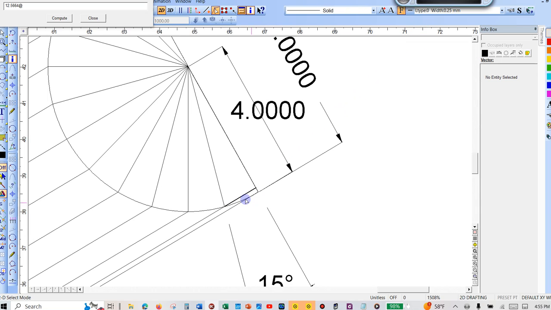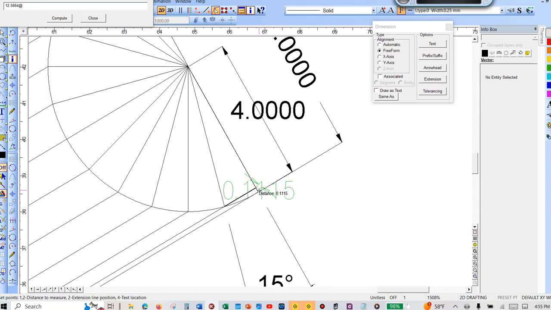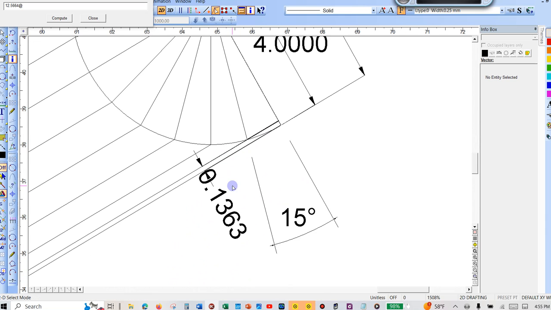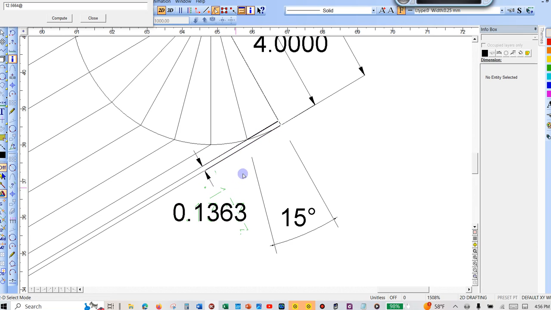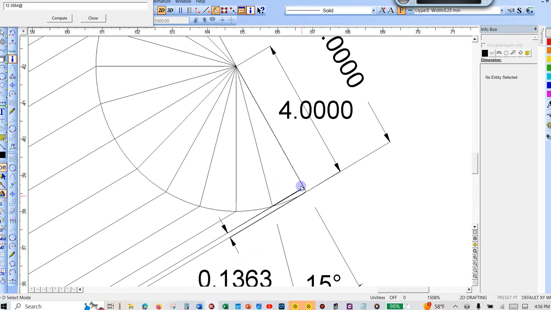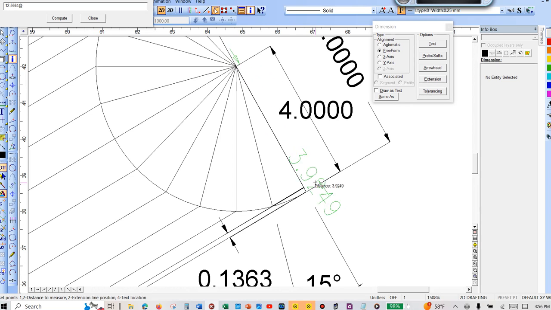We're looking for this dimension right here, and to do that, we need to find out the length of this right here.